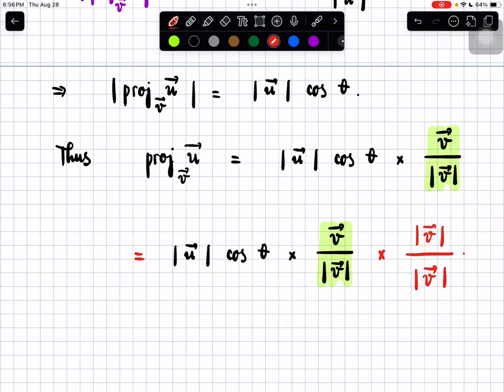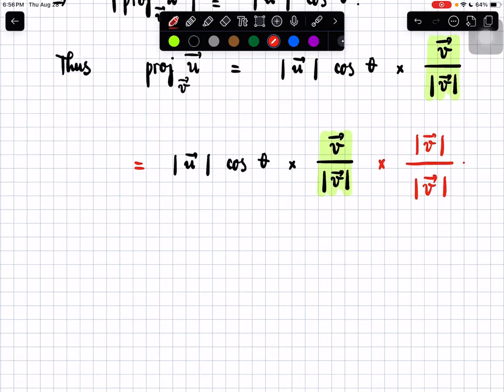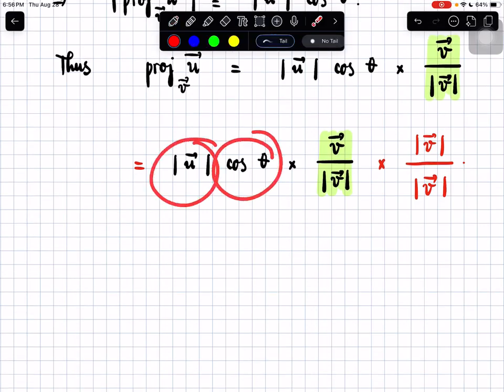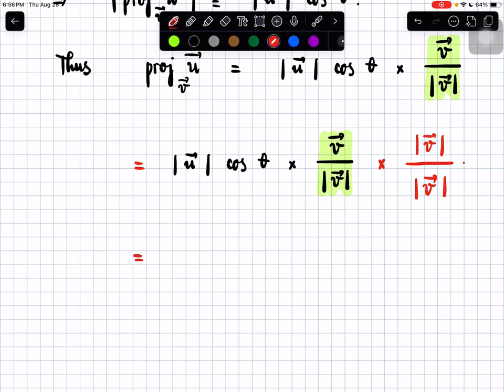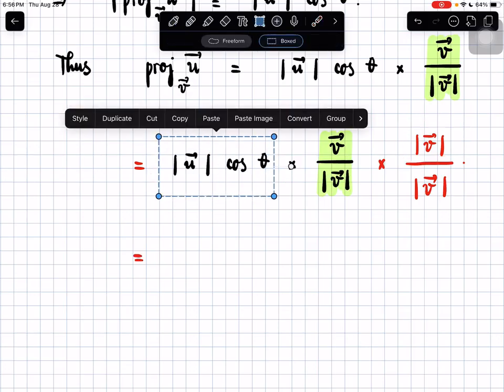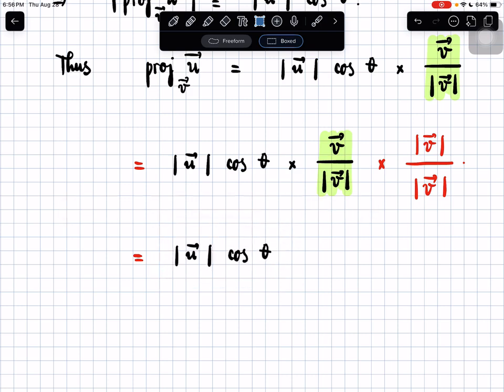So I multiply by 1, nothing changed, right? And now we have the length of u, cosine theta, the length of v. I can group them together: length of u, cosine theta, and length of v. What's left over is times vector v divided by the length of v times the length of v, so the length of v squared.